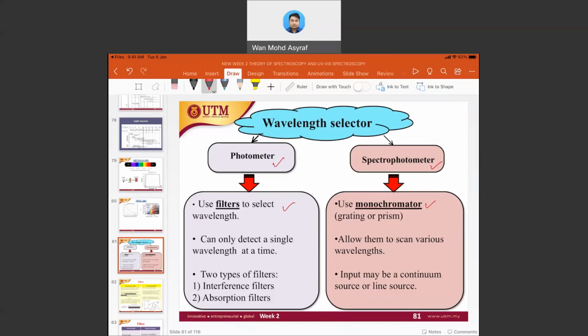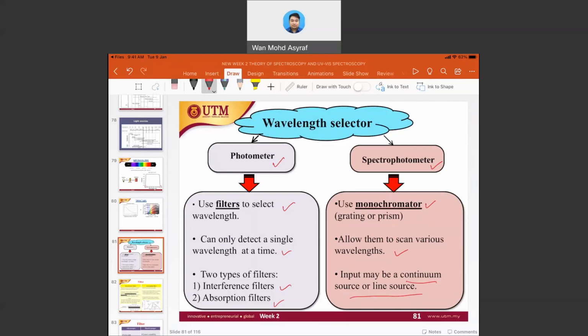There are two types of filters: interference filters and absorption filters. It can only detect a single wavelength at a time, as compared to a spectrophotometer, which uses a monochromator. It allows you to scan various wavelengths. The input may be a continuum or a line source.